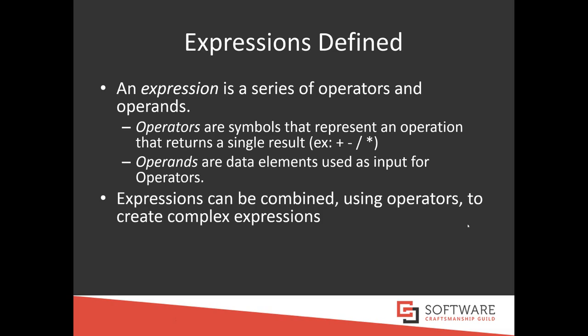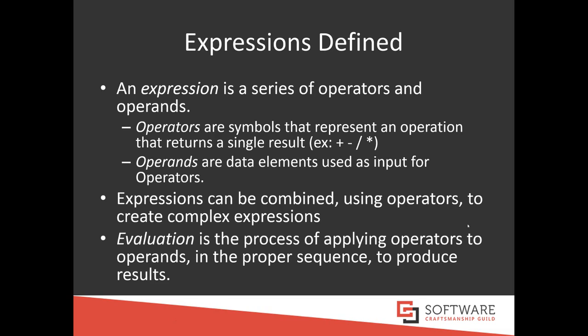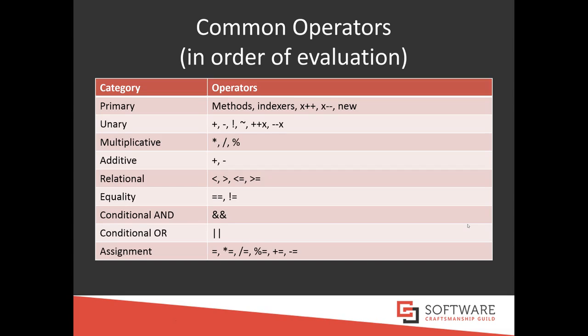Expressions can be combined using operators to create even more complex expressions, and as you're building real programs, these expressions are going to be the core of what actually does your work. Evaluation is what we call the process of applying the operators to the operands in the proper sequence to produce the right result. So here's a list of some of the common operators.